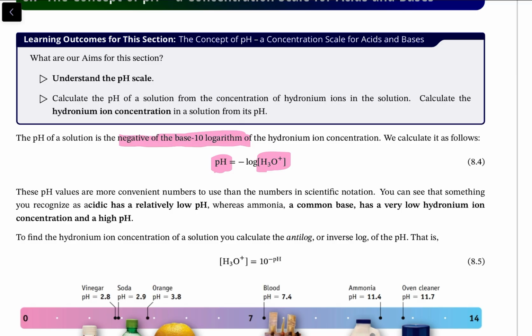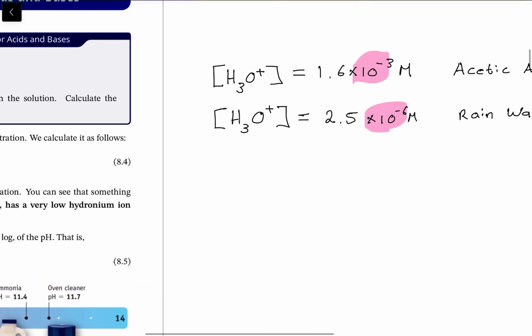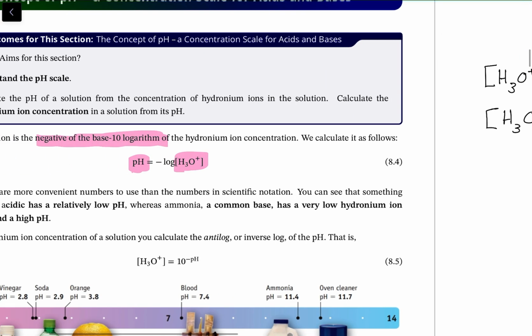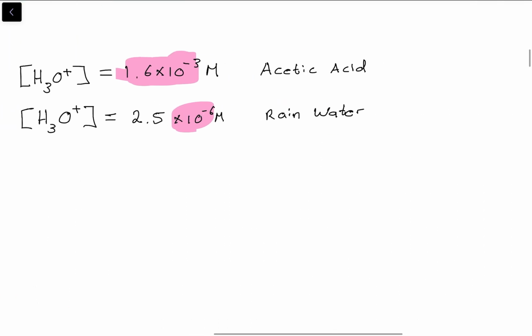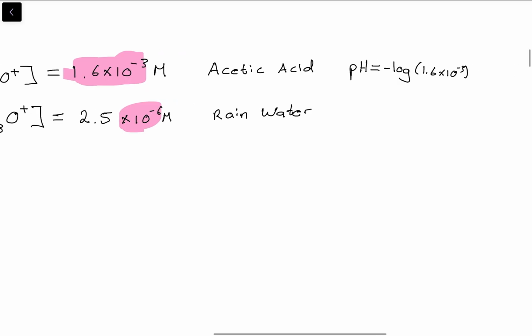So that then means if you take minus log of this number here, then you get a very nice number. So for example, if you calculate the pH here, so minus log of 1.6 times 10 to the negative 3, you're going to get a simple number.